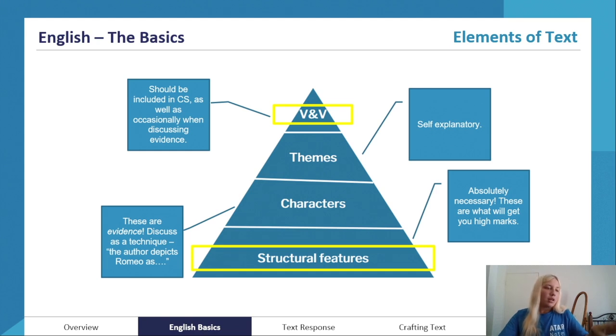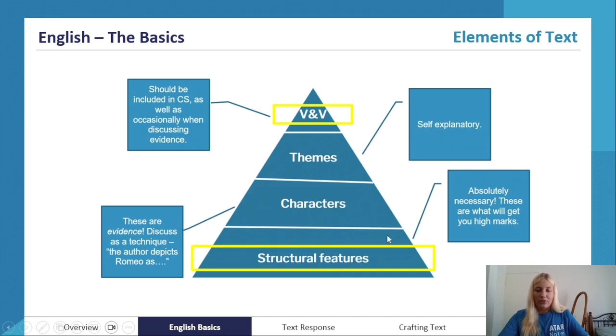So aim for body paragraphs to have at least 2 authorial intent messages in each body paragraph to get good marks in English.